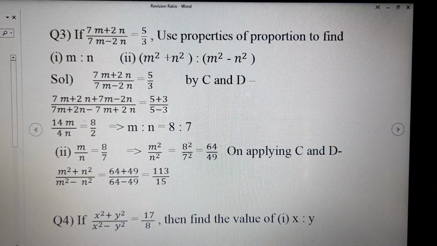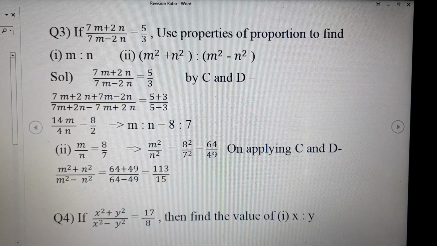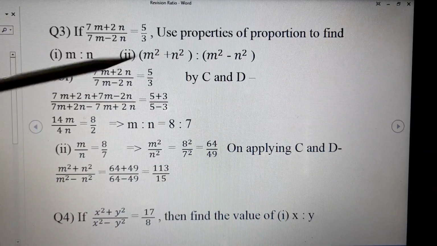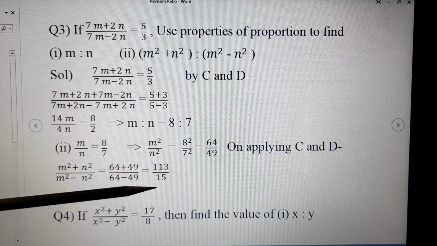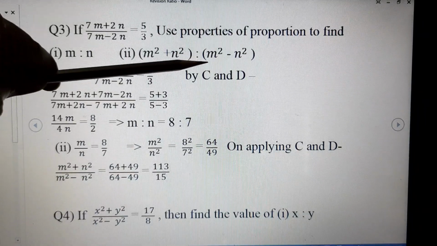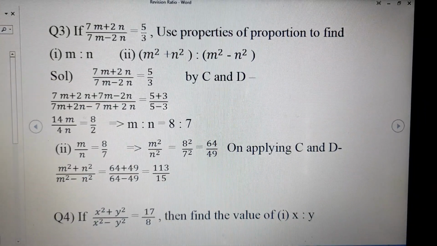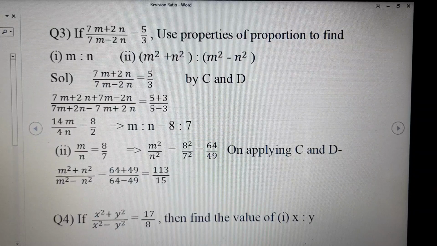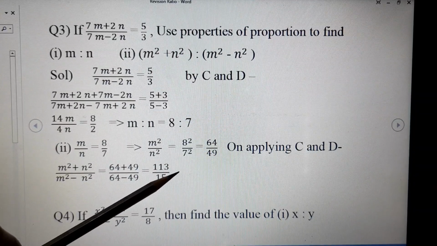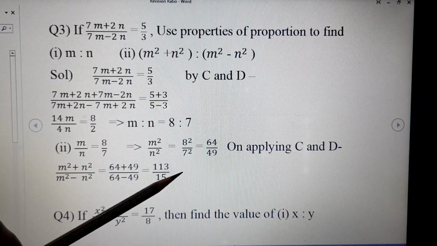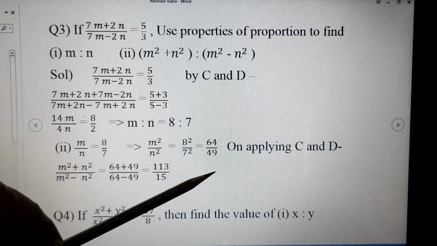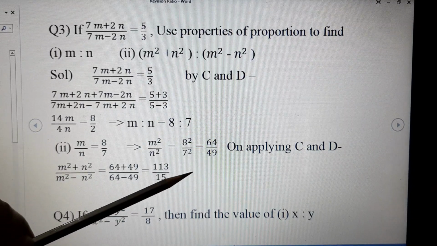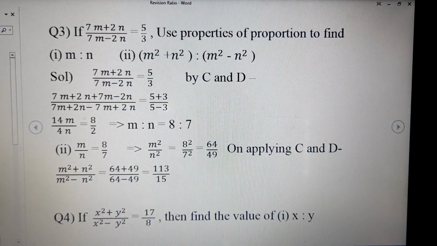You need to answer in a similar manner as the question is asked. If in the question it is in fraction form, then the answer will be in fraction form. But if in the question it is in ratio form, then the answer should also be in ratio form. One step is missing here, I have not written it purposely. You need to write one more step over here, like 113 is to 15. Clear?